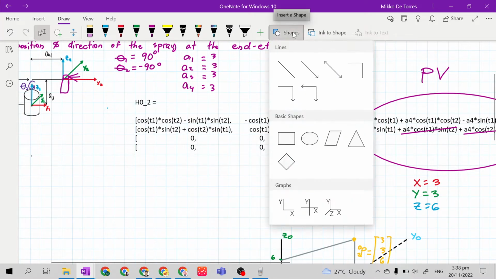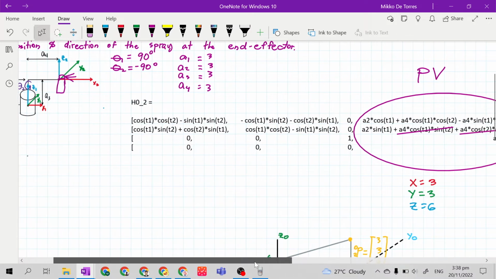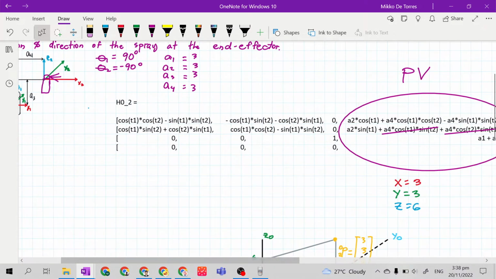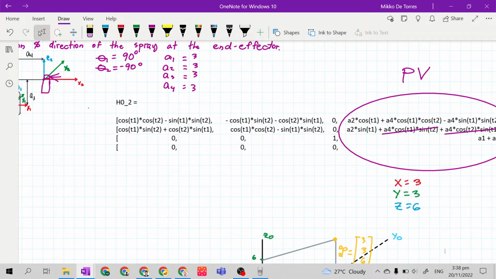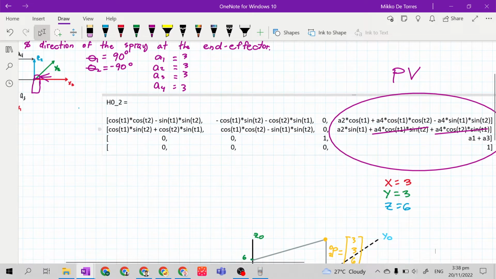The direction will be based on our rotation matrix. If we remember, the columns of our rotation matrix represent the projected frame. The columns of our rotation matrix.